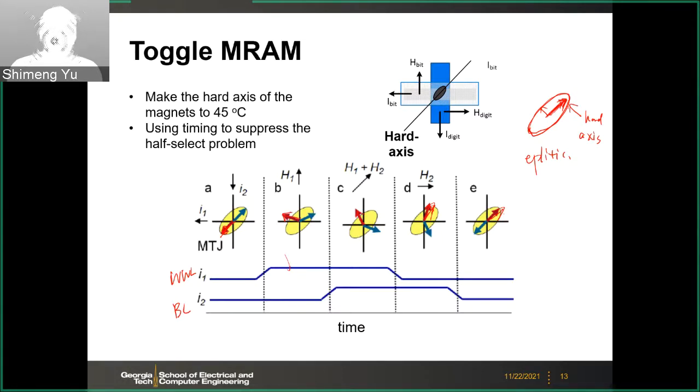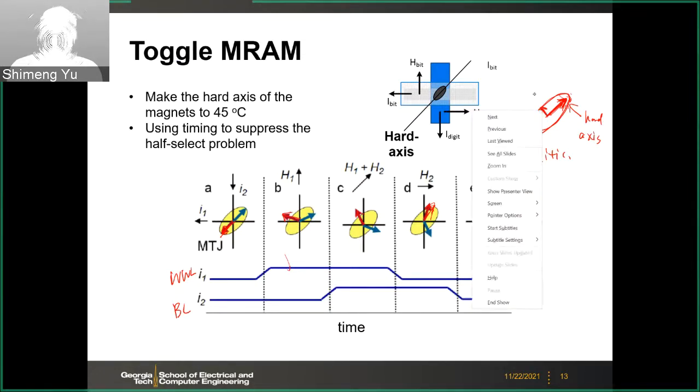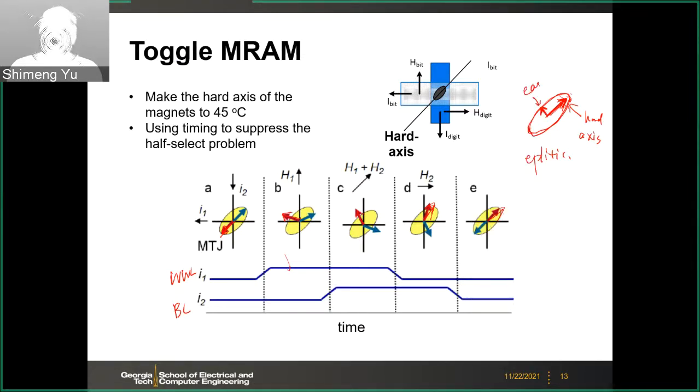If the magnet is pointing in this direction, it's hard to flip because this is a kind of stable orientation. And the perpendicular side is like the easy axis, because if the magnet is pointing along this easy axis, then it's easy to flip to the left or to the right. It's like a metastable point in the SRAM, for example, right? So when you completely switch, you always end up with the hard axis along this direction.